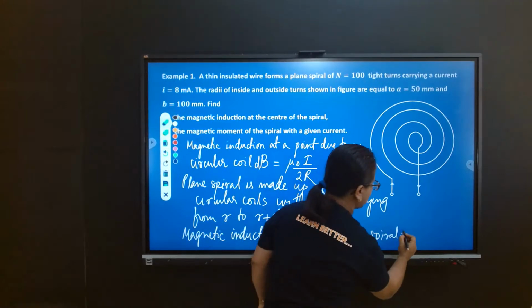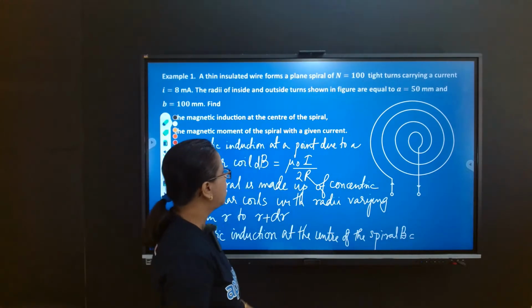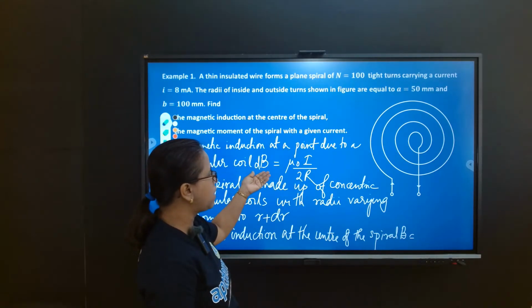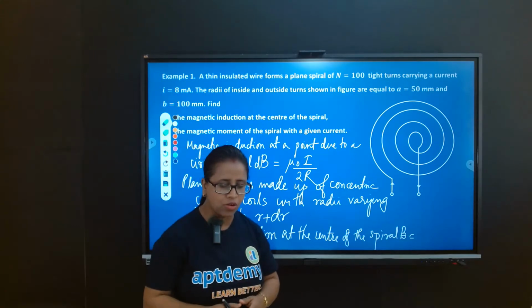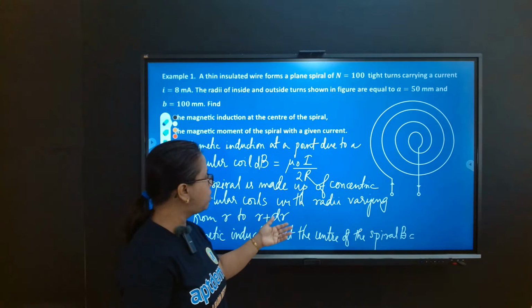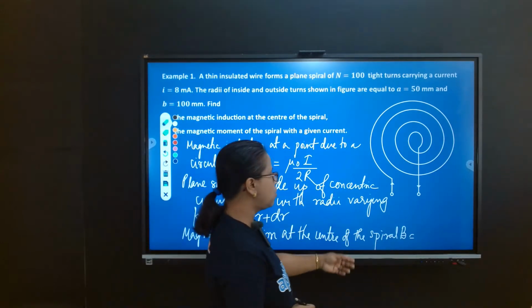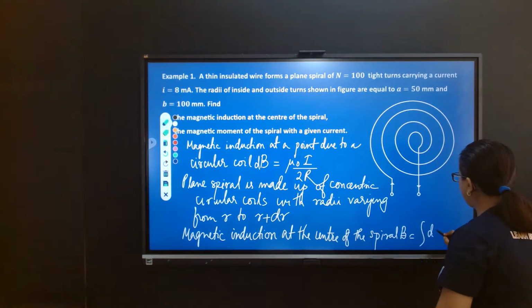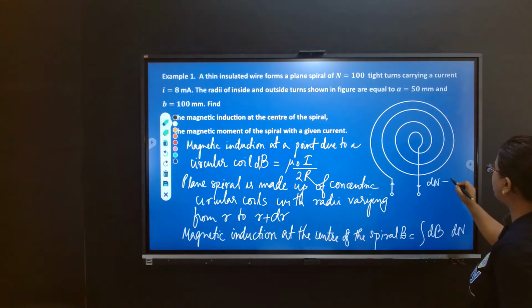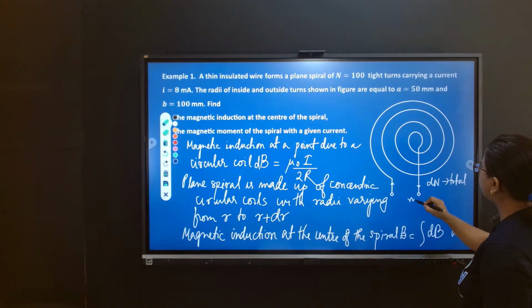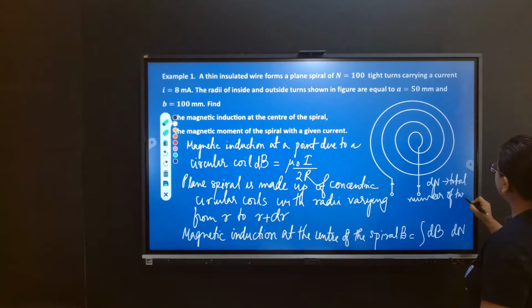Let us write the net magnetic induction as B. This is nothing but an integration of this amount of magnetic field, of course, taking into consideration the total number of turns which are there in the spiral within the interval R and R plus dr. So B is nothing but integration of dB, and we have to take into concern the value of dn, where dn is the total number of turns of spiral in the interval R and R plus dr.